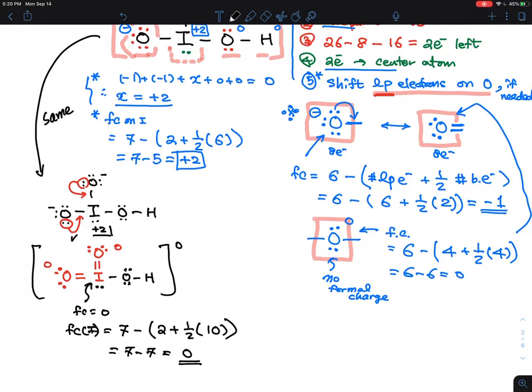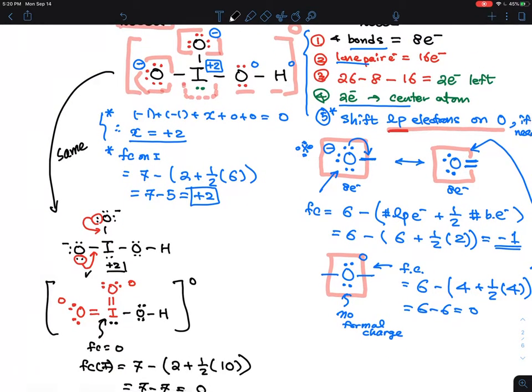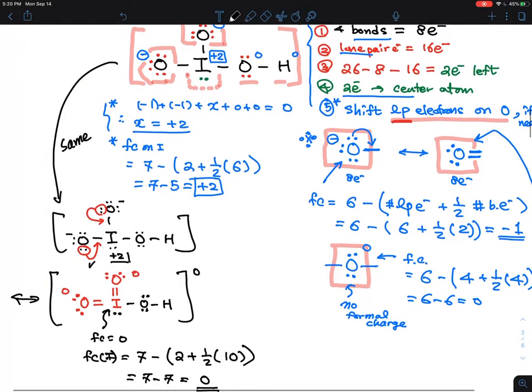Okay, so do you have a choice to make? Either this one or this one on the top. The one that has a negative charge on the oxygen and positive formal charge on iodine, or it can form this one as a double bond, and then no formal charges on this Lewis structure.